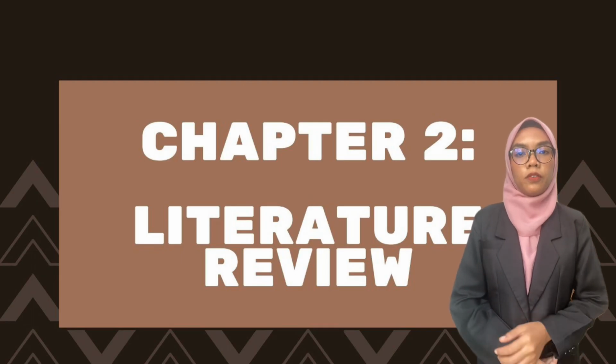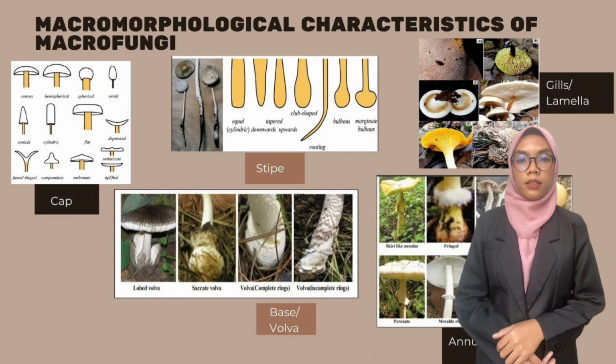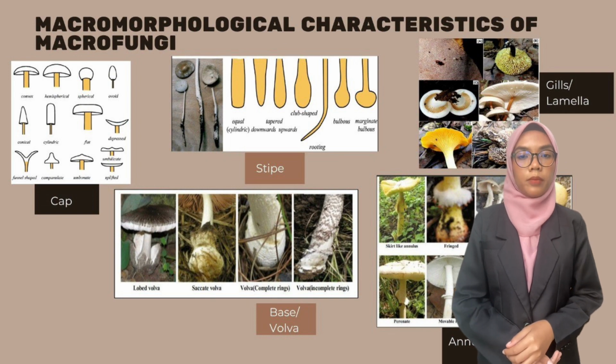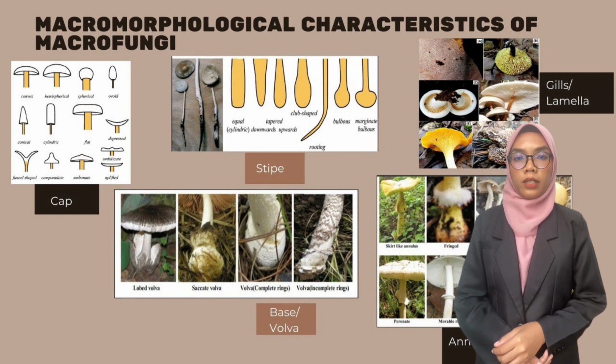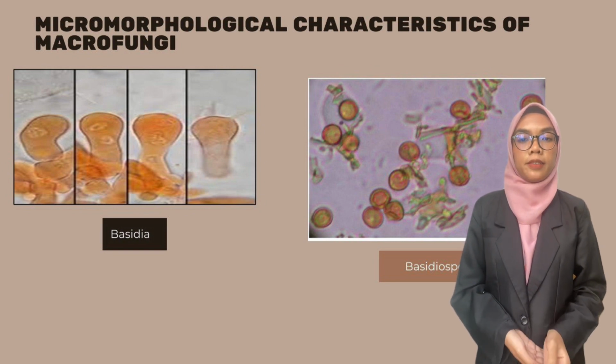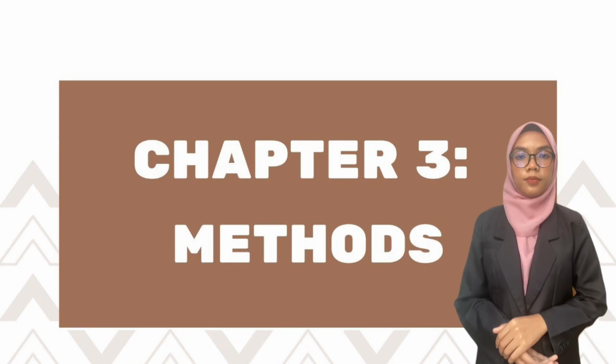Literature review will cover on several aspects. There are several characteristics that differ in macromorphology characteristics of macrofungi species, such as the cap structure, stipe, gills, volva, and annulus. The micromorphology characteristic consists of basidia and basidiospores.